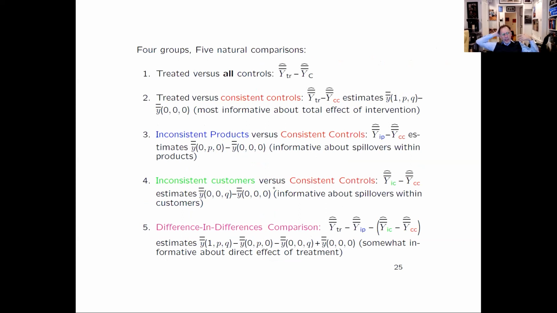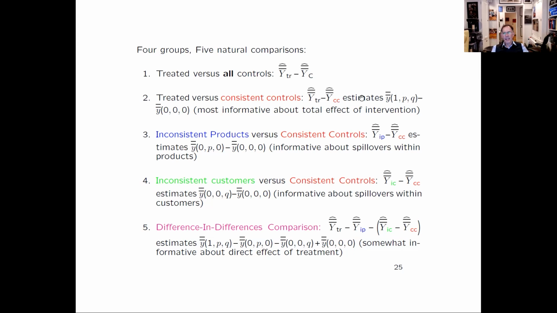Now, what can we do? We have these 4 groups, and so there's a number of direct comparisons we can do, and I'll just mention 5 of them that are particularly natural. One is we could compare the outcomes for the treated pairs and all the control pairs. That's a little difficult to interpret, and it's easy to look at the other 4. We could compare the average outcome for the treated pairs with the average outcome for the consistent controls.